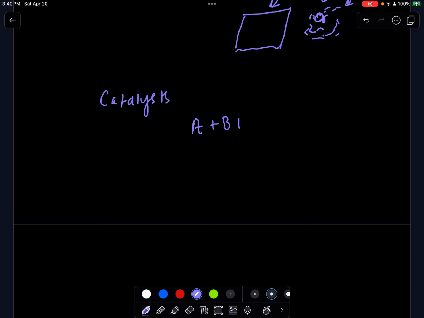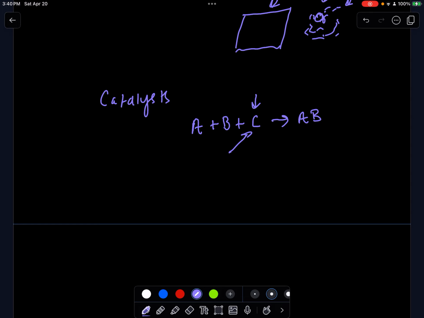A plus B plus C, where C is the catalyst, makes AB. Now, this is a bit weird because, well, how is C the catalyst?